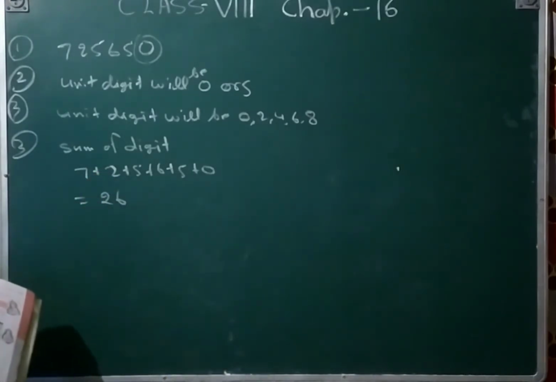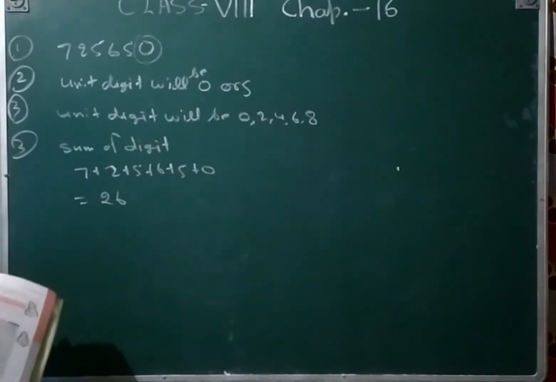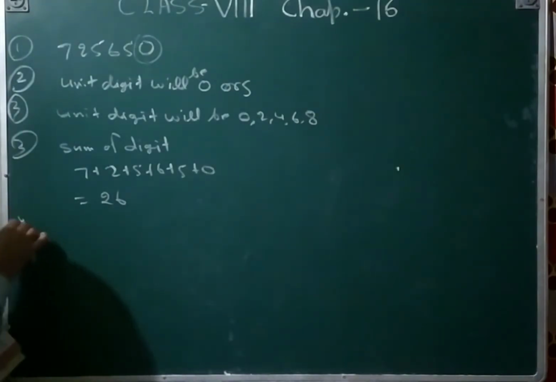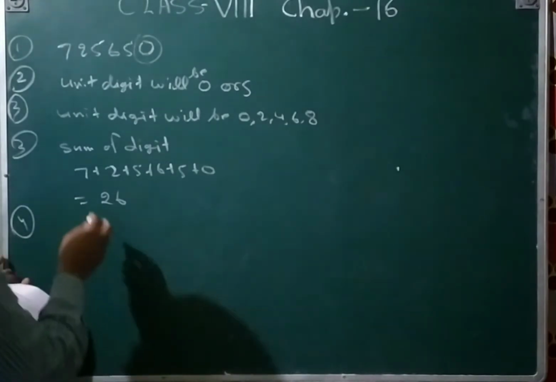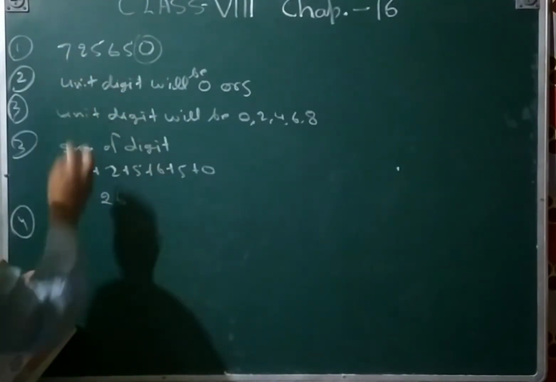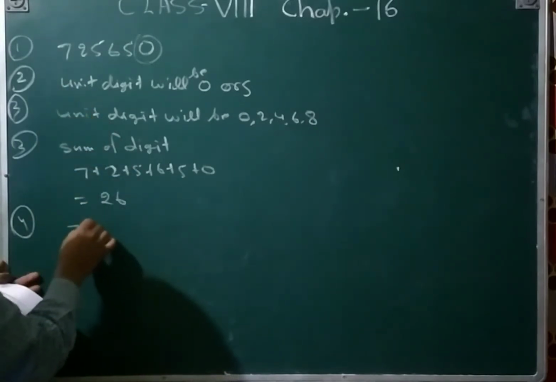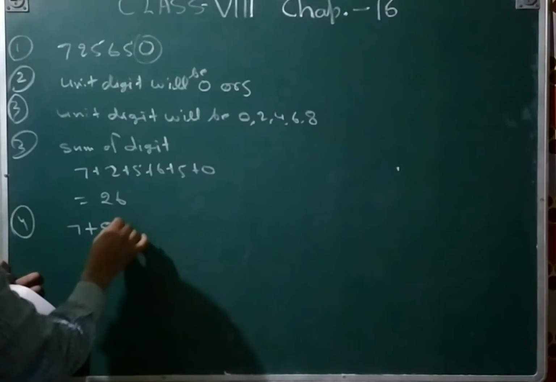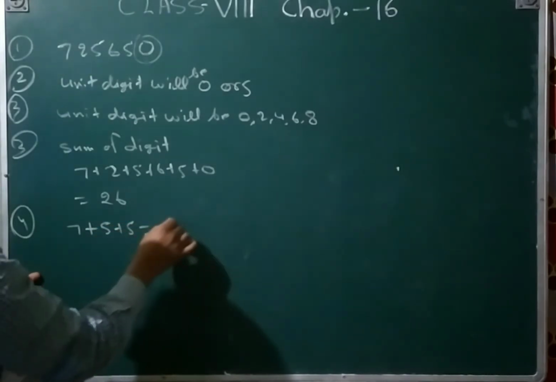And then divisibility of 11 is not given here, but I am explaining it here. 11 is also a prime number. The sum of the odd places: 7 plus 5 plus 5 is equal to 17.